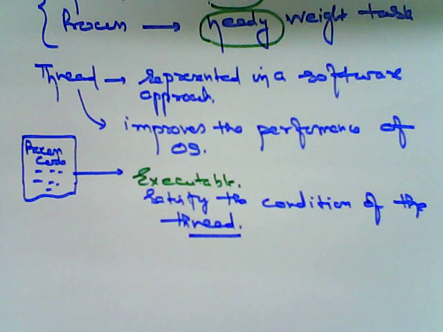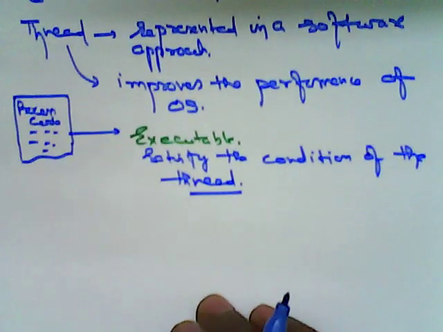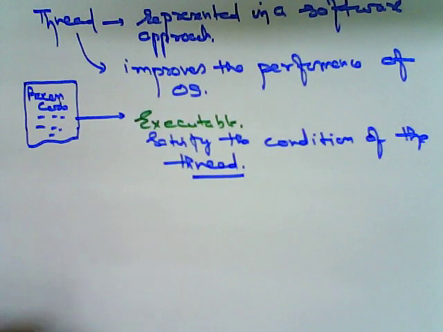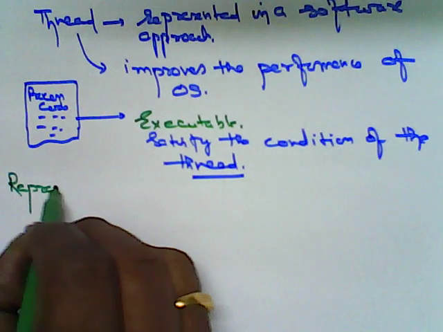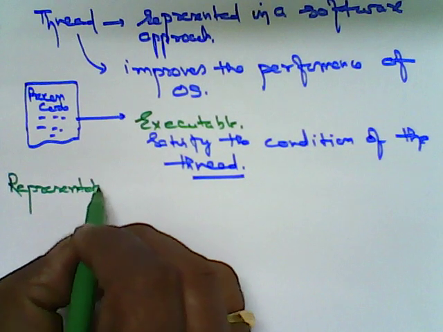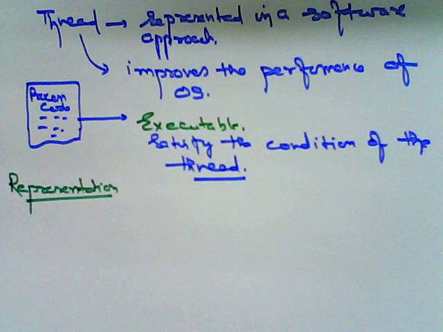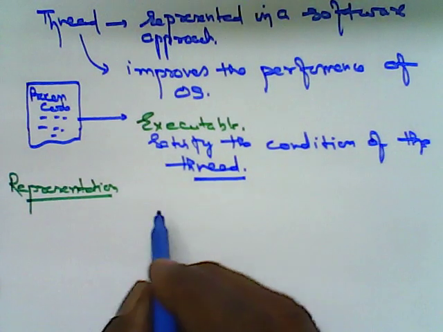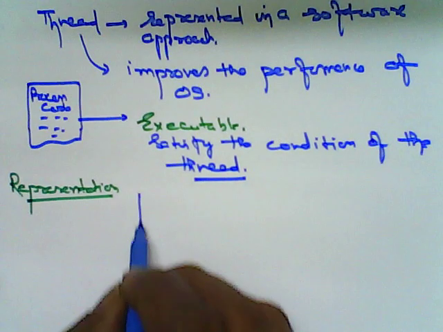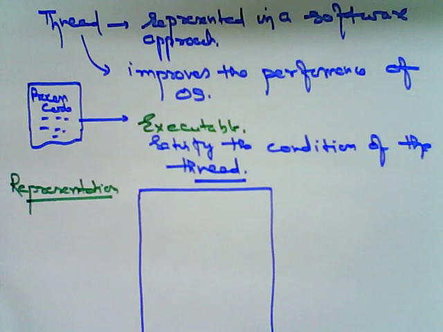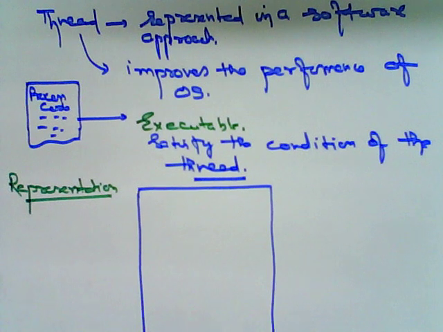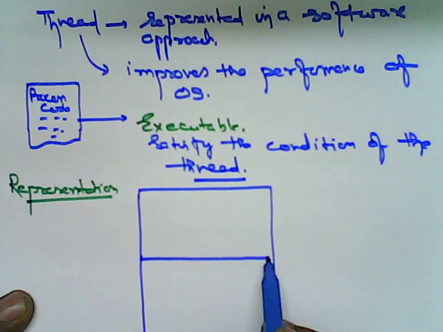Now let's see the representation of thread. How do we represent the thread in a block-wise representation? It can be represented in a simple way. It is easy to remember. You draw a block and divide that block into 3 partitions.